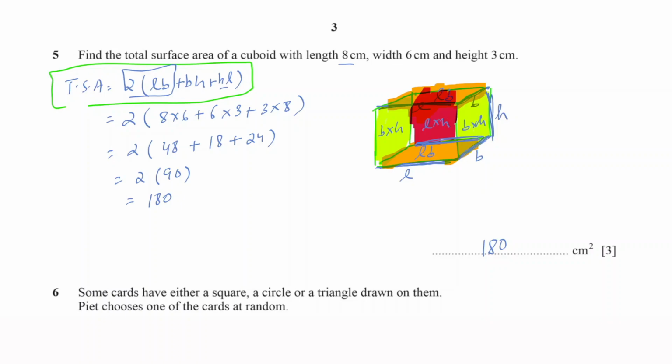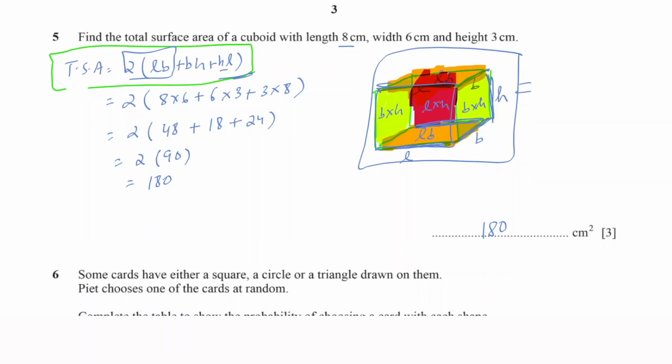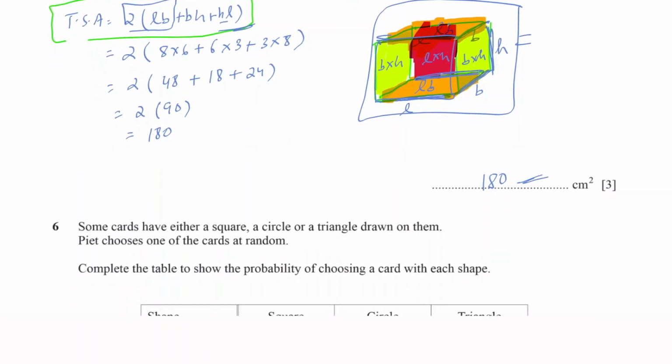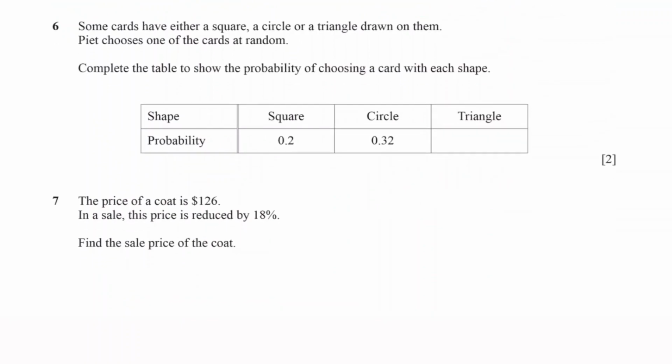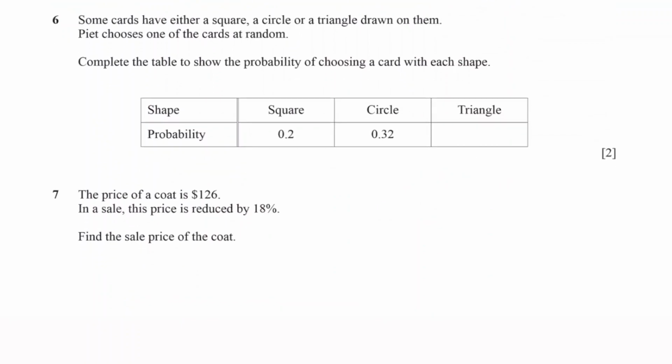It will be two times because one is at the front and one is at the back. I hope you understand a little bit how this formula was generated. So this is how we do this question, and this is the answer. The video may take a little longer because I'm also explaining some concept. So let's do the next question.